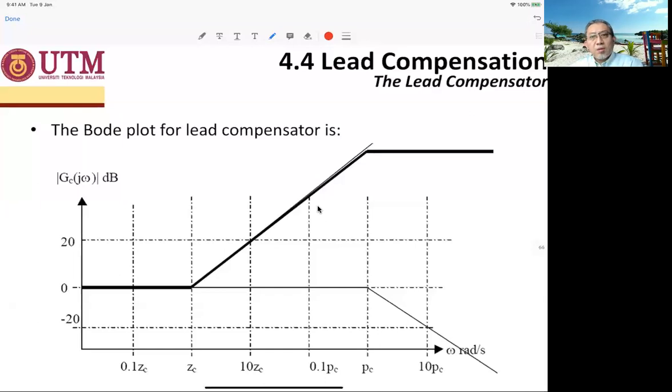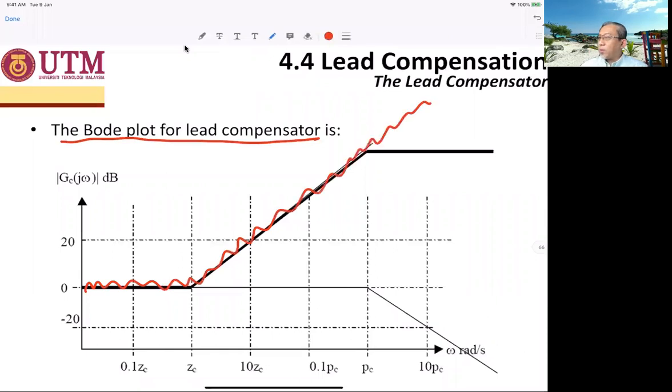Similar to the lag compensator, lead compensation also has its own bode diagram. The bode plot for the lead compensator: the first one is the magnitude of S over ZC plus 1, which is this one.